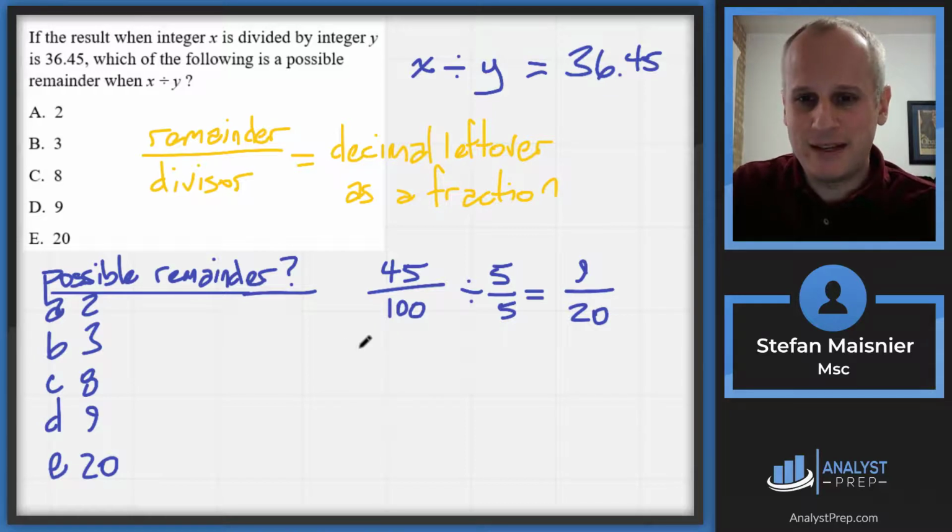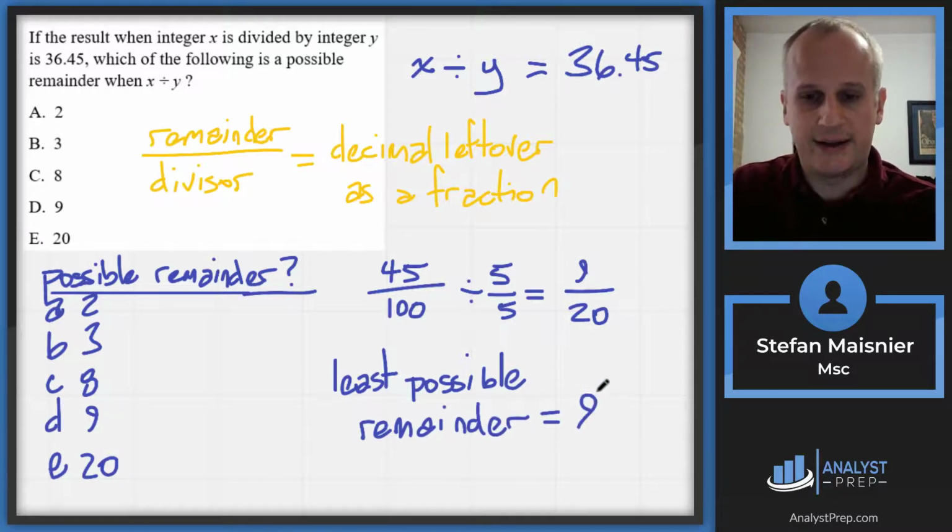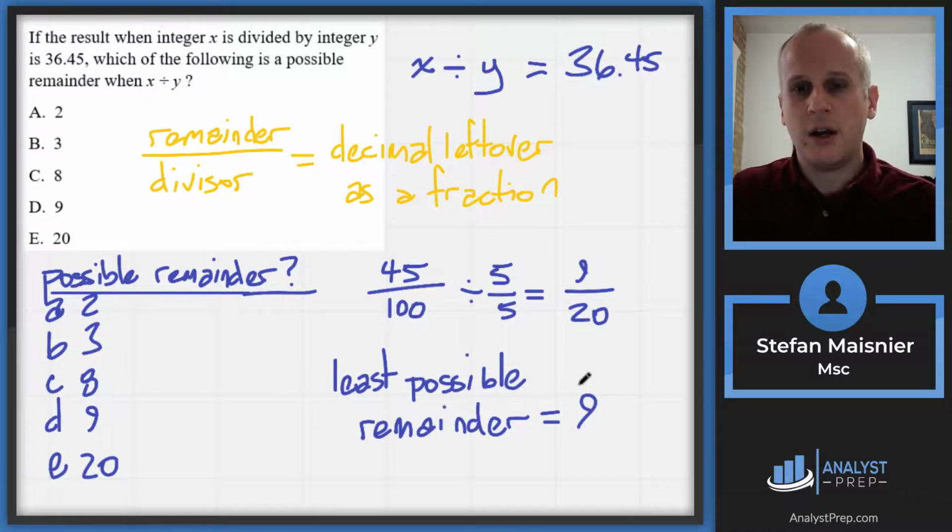So that means that our least possible remainder is going to be that 9. And we could have an 18, we could have a 27. It can multiply up as long as we keep the fraction proportional and equivalent.